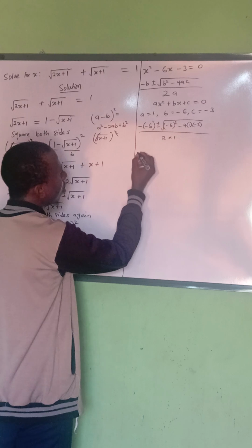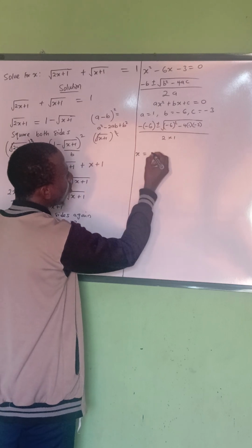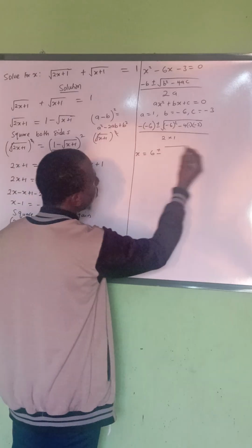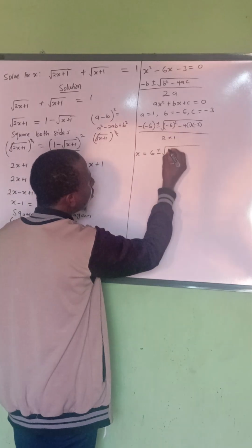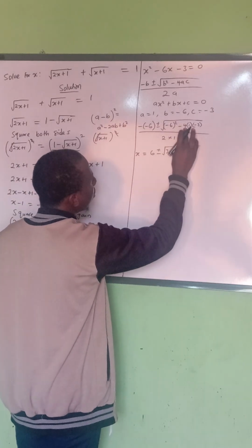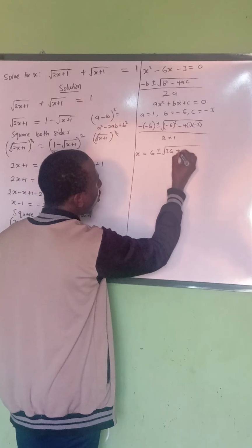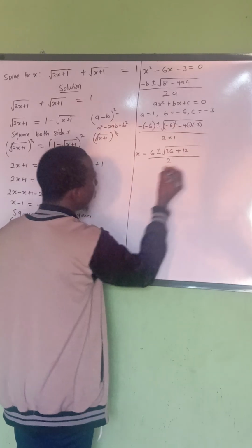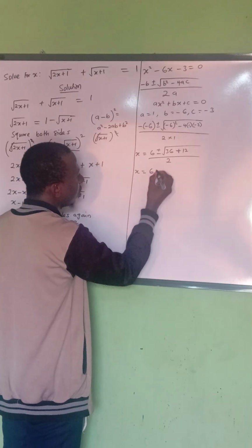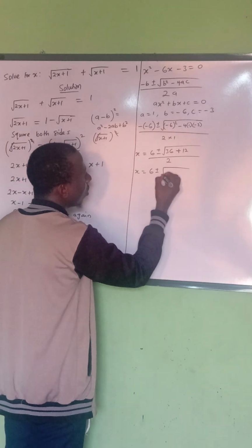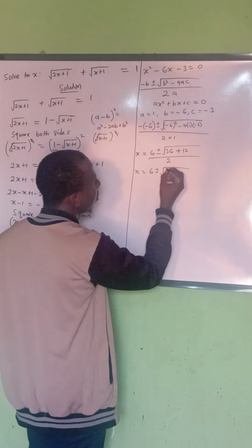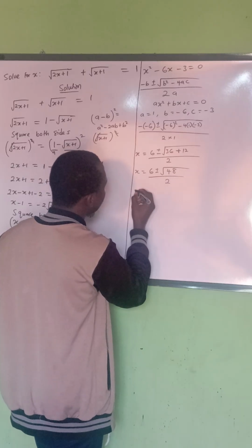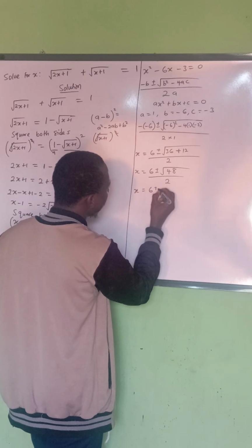Now, minus times minus, we have x is equal to plus 6 plus or minus square root of minus 6 squared, that's 36, minus 4 times minus 3, that will be plus 12, all divided by 2 times 1, that's 2. So x will now be equal to 6 plus or minus square root of 36 plus 12, that will be 48, divided by 2.